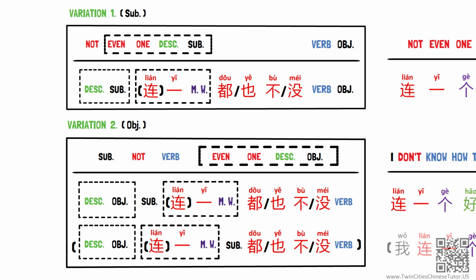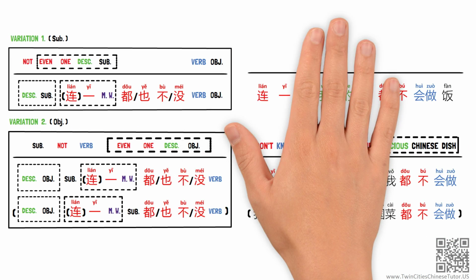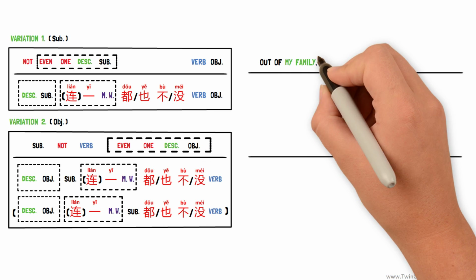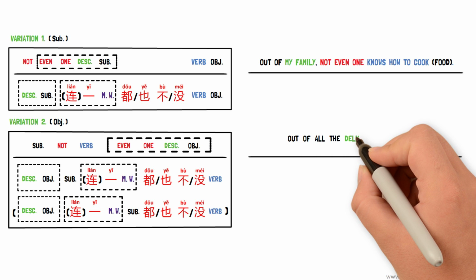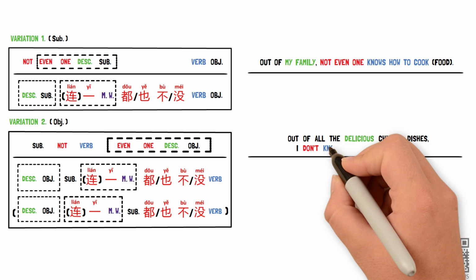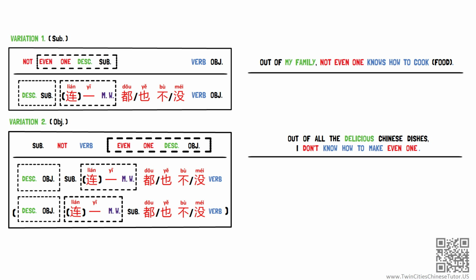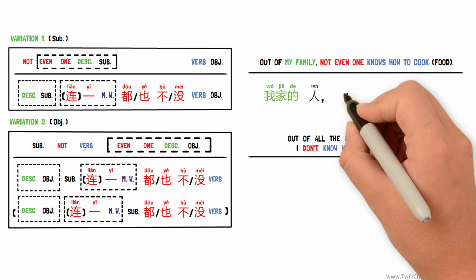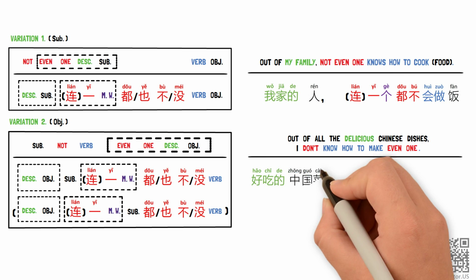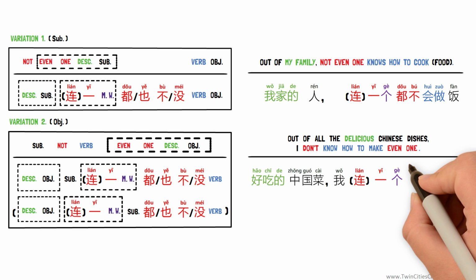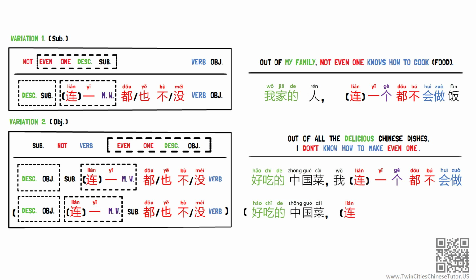This maneuver is kind of similar to the English way of rephrasing these statements as, "Out of my family, not even one knows how to cook. Out of all the delicious Chinese dishes, I don't know how to make even one." So now the Chinese sentences can be changed to 我家的人连一个都不会做饭，好吃的中国菜我连一个都不会做.